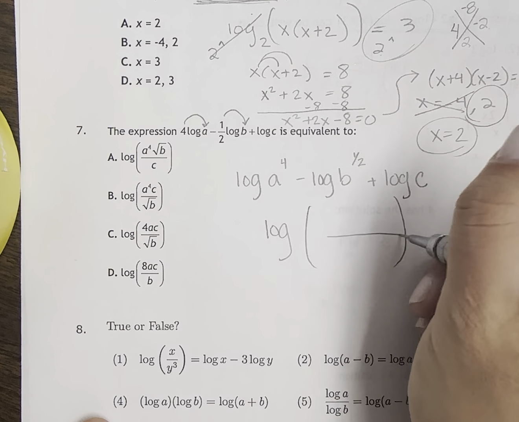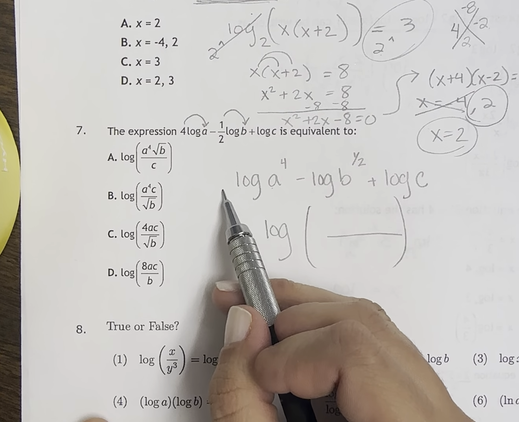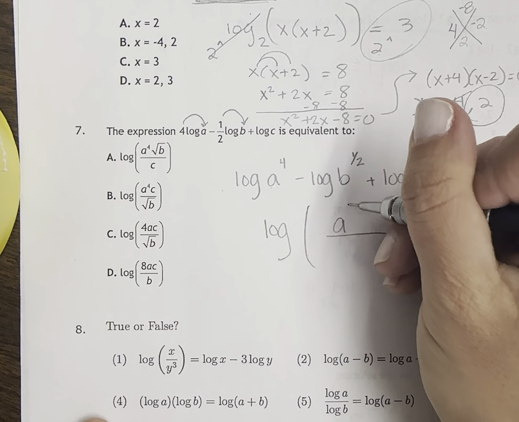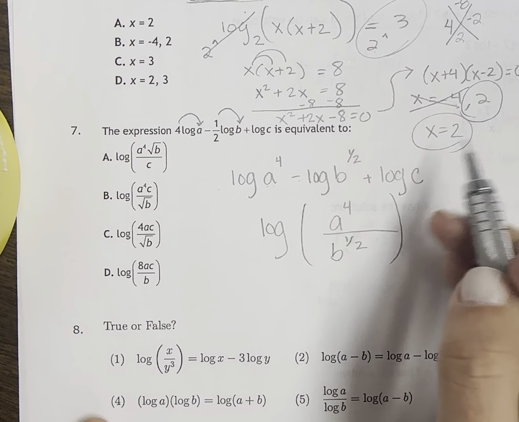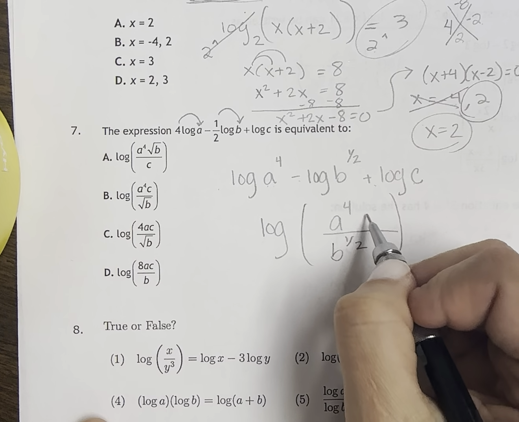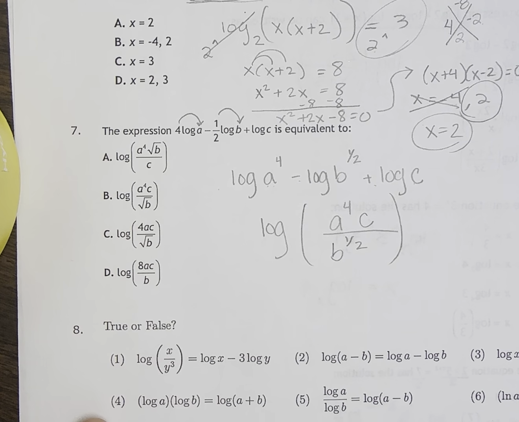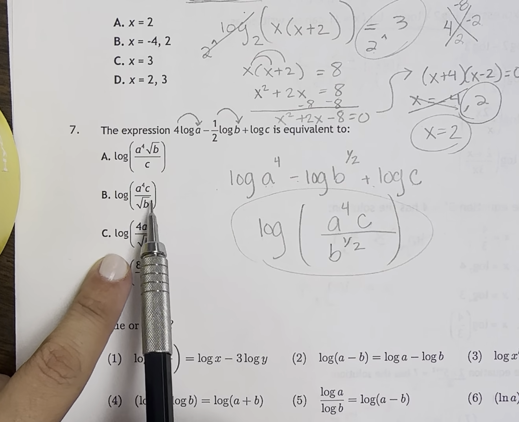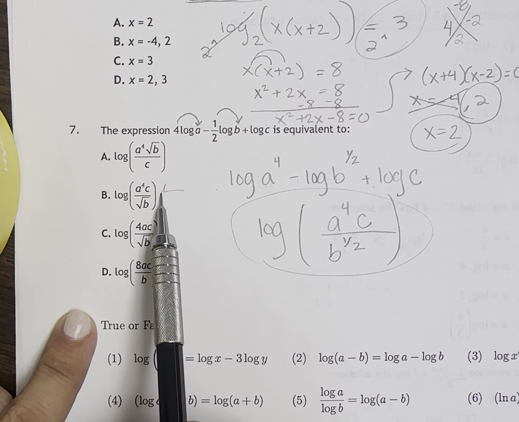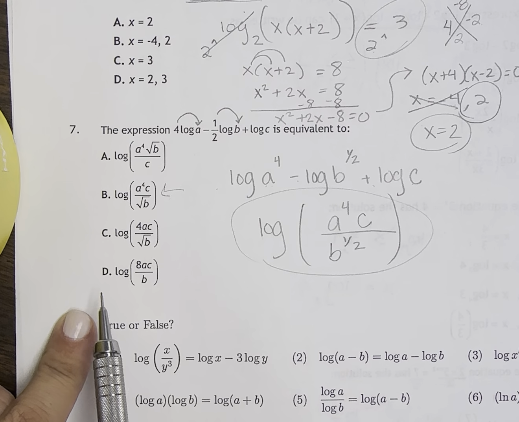One big log. If your log is positive, you go in the numerator. If your log is negative, you go in the denominator. This guy's log is positive, he goes in the numerator. So then we check. Who's got this situation going on? A to the 4, C on top. This one does. None of the rest do.